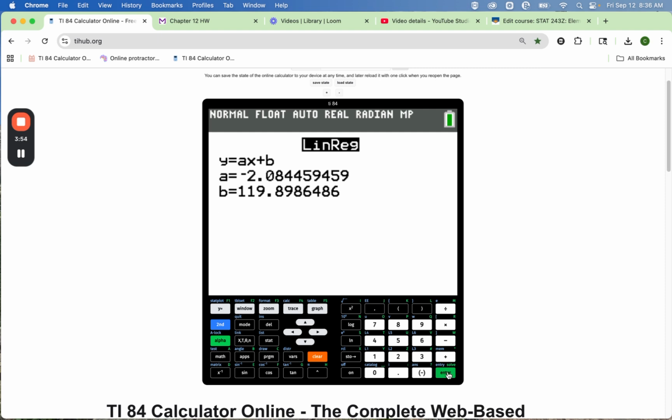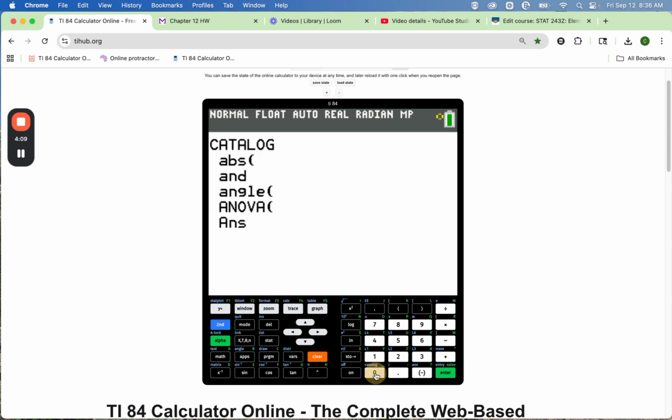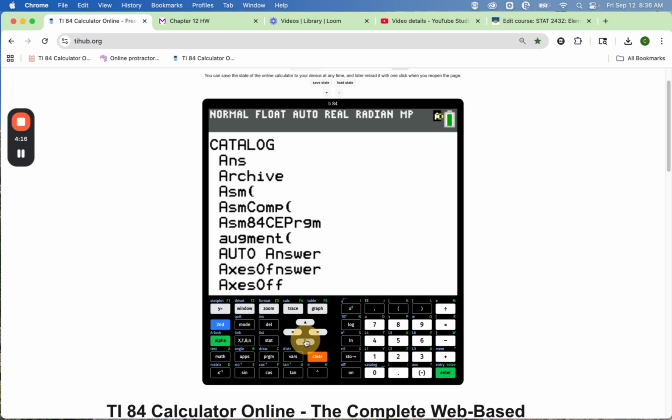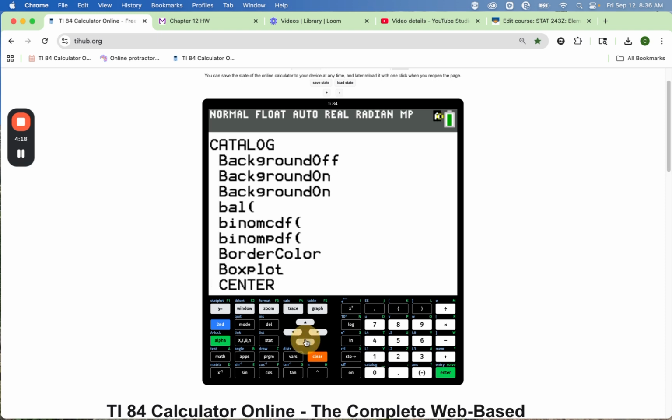So what we're going to do is we are going to go to my catalog here. If I can find it on this calculator. Where is my catalog? It's down here, Shift 0. To have the R value listed, you have to go down to something called DiagnosticOn.